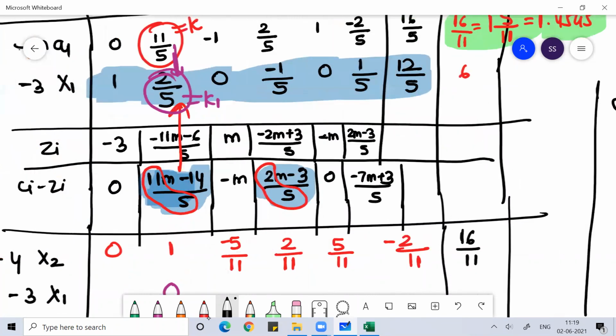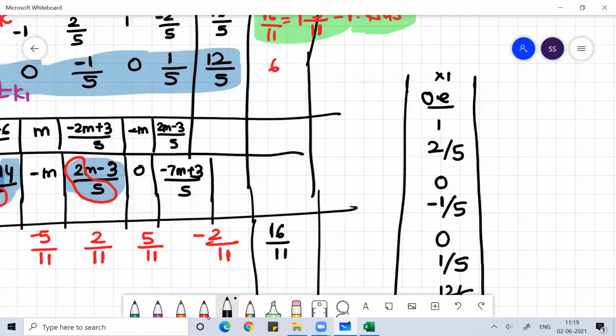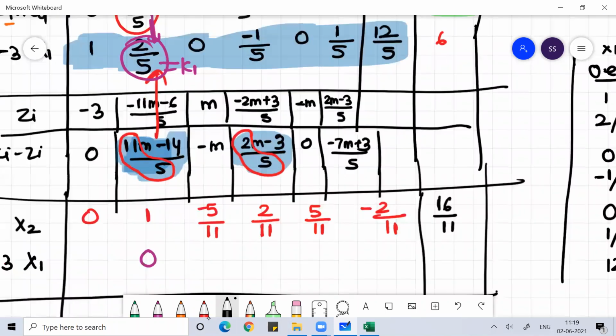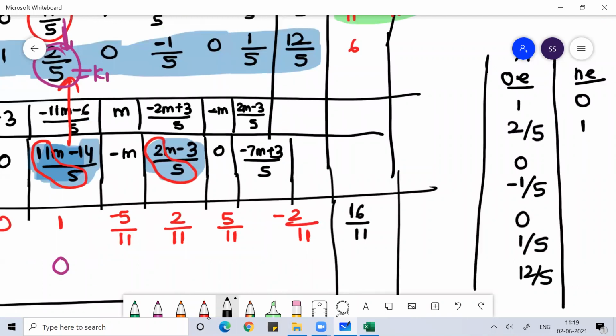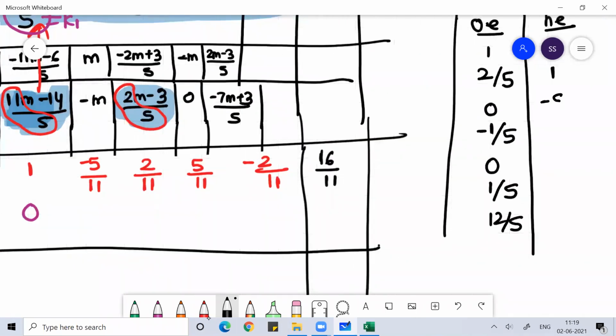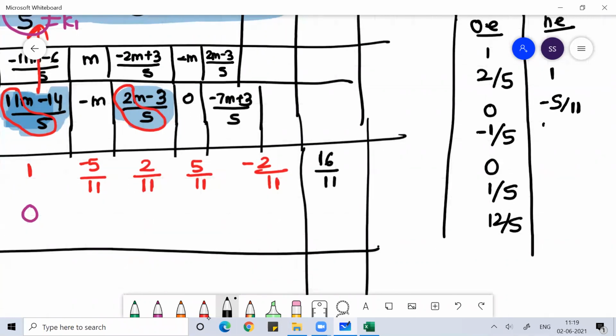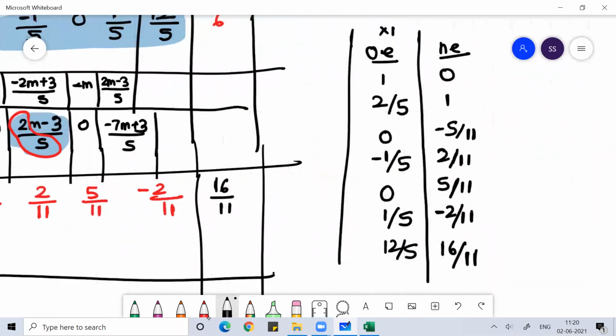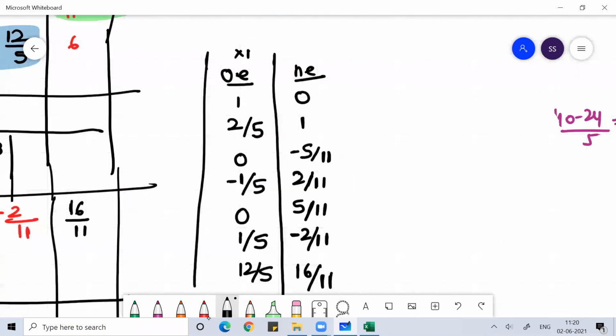The new element values are 0, 1, minus 5 by 11, 2 by 11, 5 by 11, minus 2 by 11, 16 by 11.